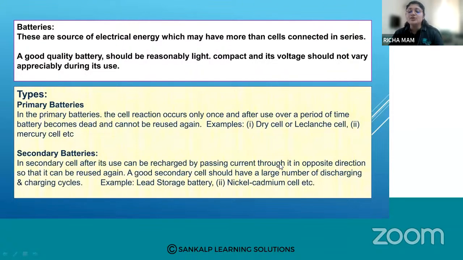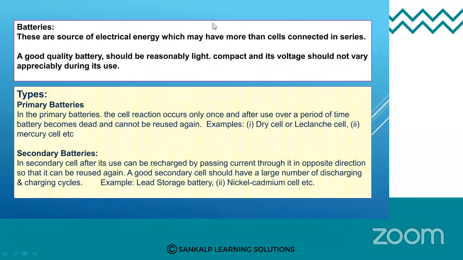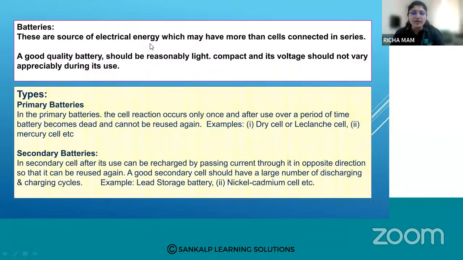By applying current through it in the opposite direction, so secondary batteries can be reused again. Secondary batteries, or secondary cells, are reusable, and can be used again and again.